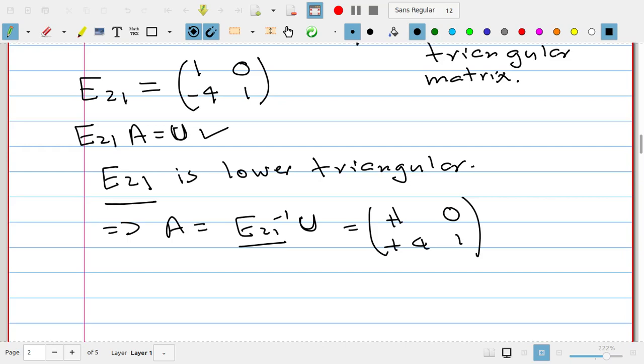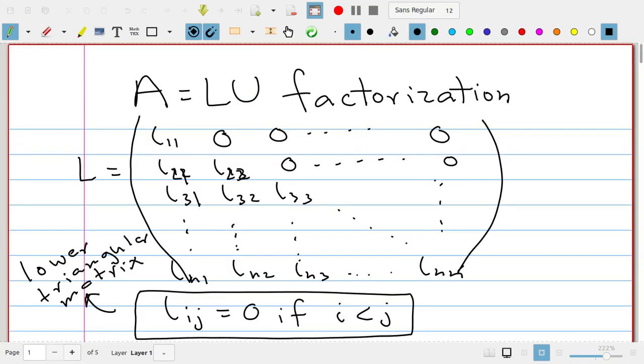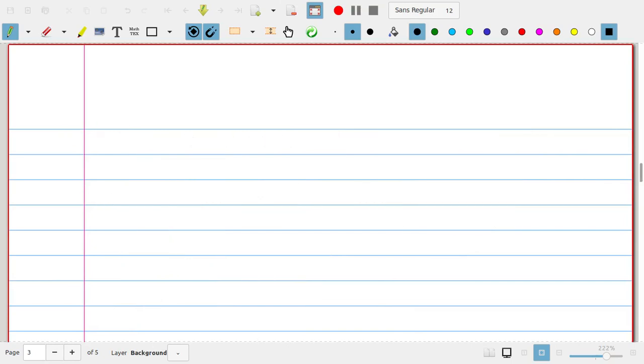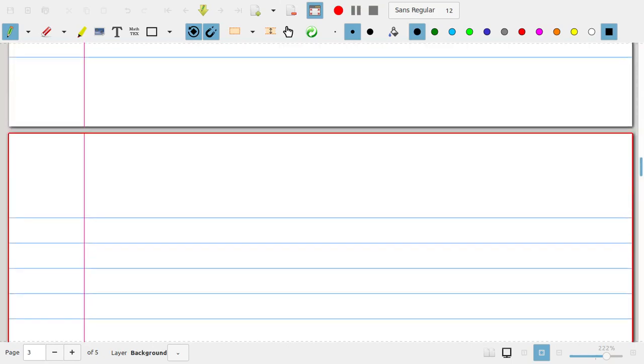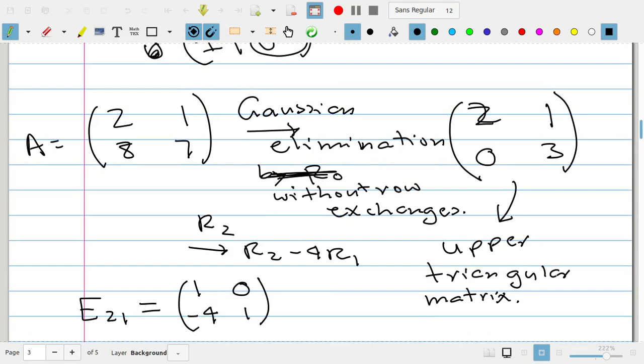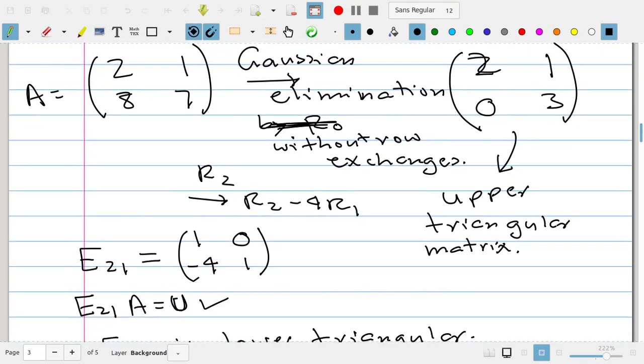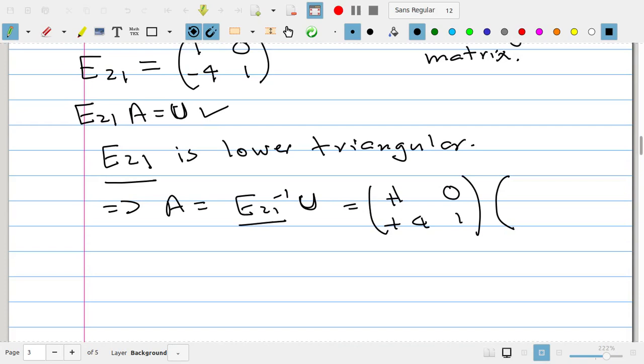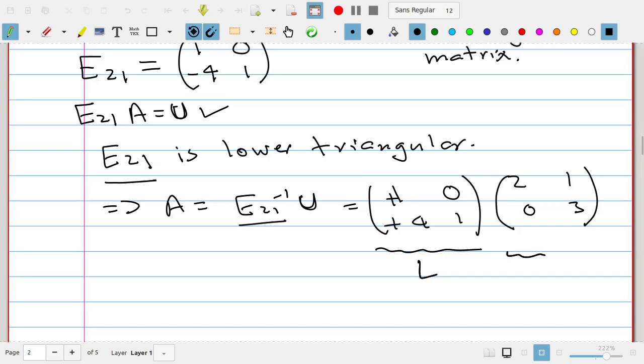And then of course you have U, which is given by 2 1 0 3. So notice that I have decomposed A into L and U.